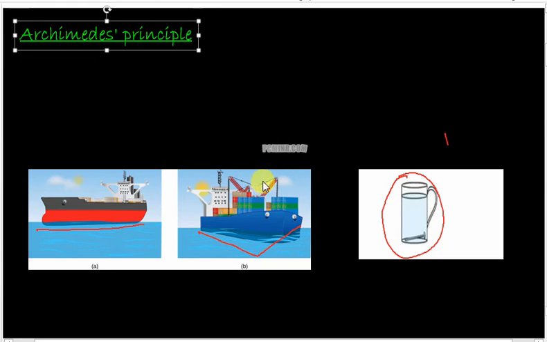This phenomenon, or this application of Archimedes principle, helps us to predict the possibility of a ship floating on water.